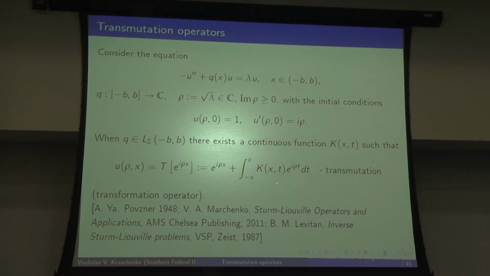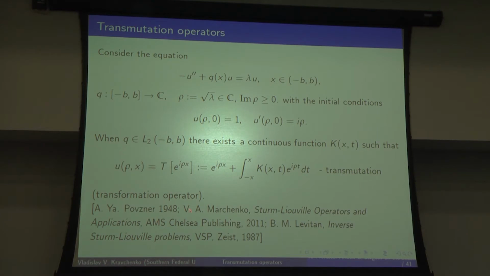This operator appeared first in the work of Povzner in 48, and then in hundreds if not thousands of publications, including, for example, such important books as the book of Marchenko and Levitan. The main feature of this operator is that the kernel of the operator doesn't depend on the spectral parameter.